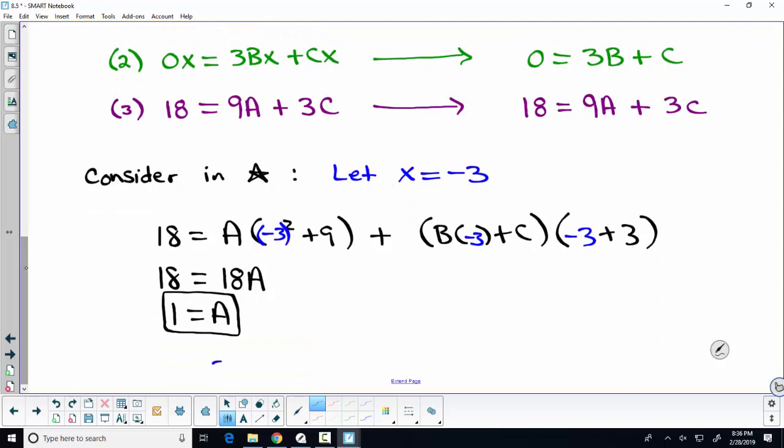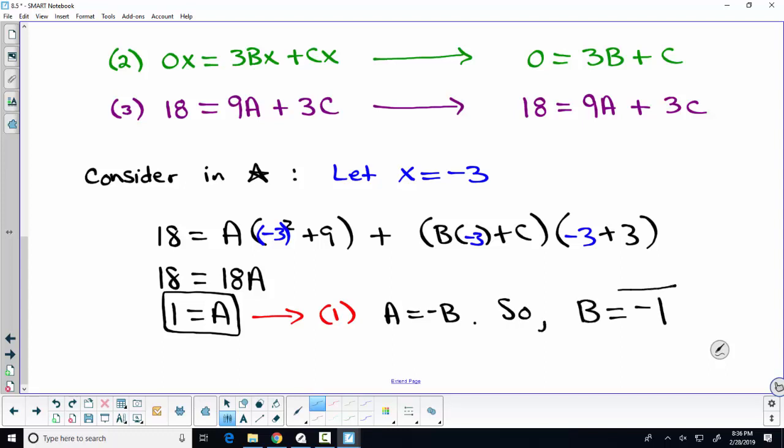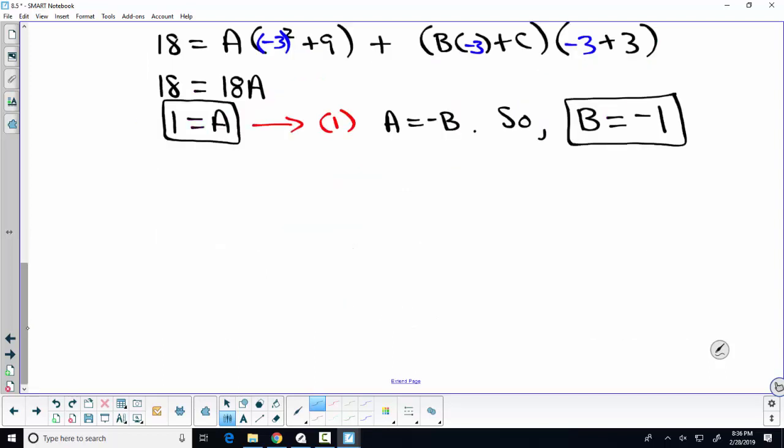So what is B? Okay, so let's refer back to equation 1, where it says A is negative B. So B is negative 1. And then if B is negative 1, we can find C. 3B plus C is equal to 0.